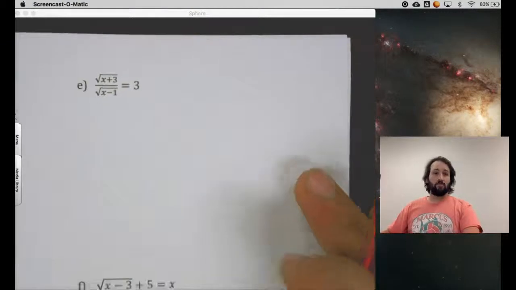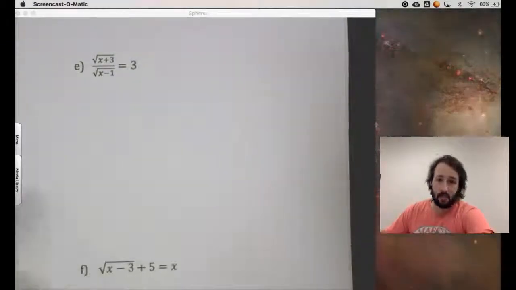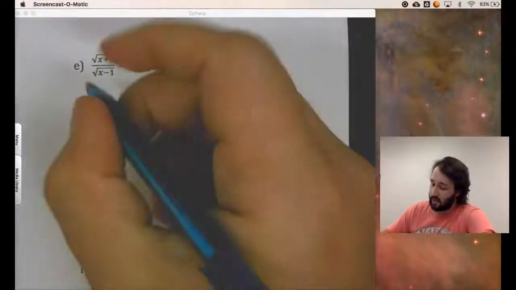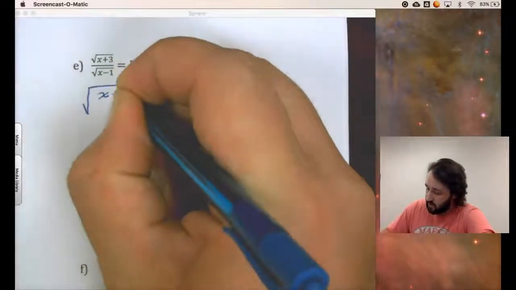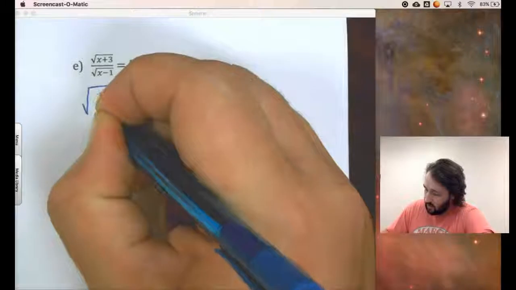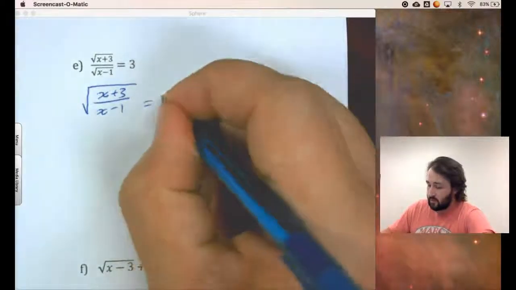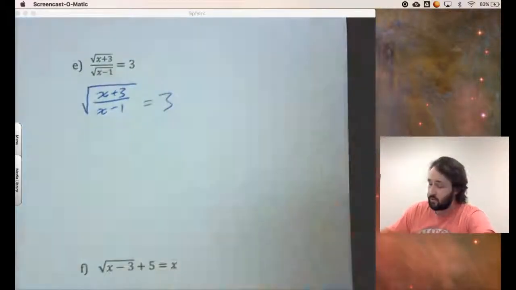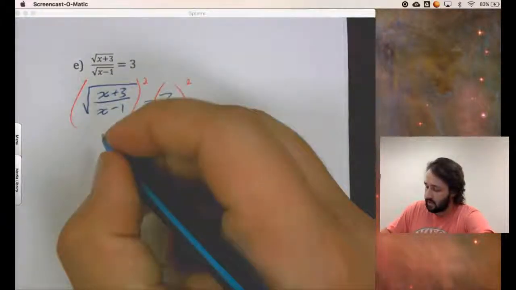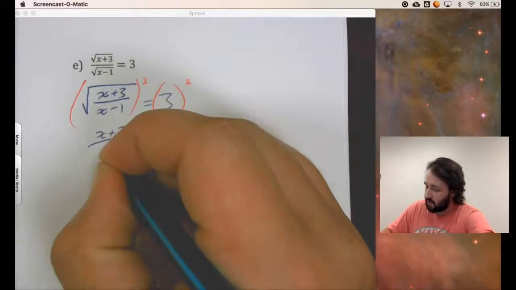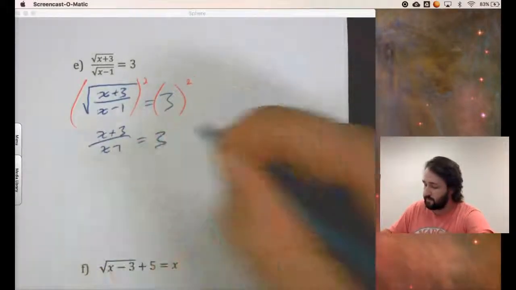All right, here, this one looks crazy, right? But don't forget that this is the same thing as the square root of x plus 3 over x minus 1 equals 3. What that allows me to do is now the square root is by itself, so I can square both sides, so that I get x plus 3 over x minus 1 equals 3.